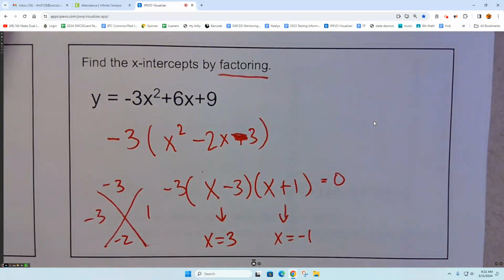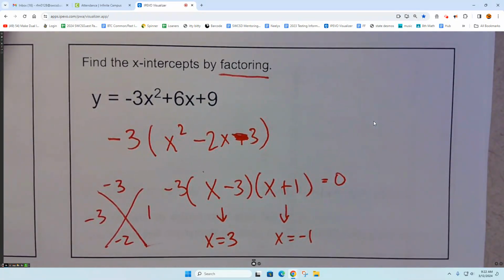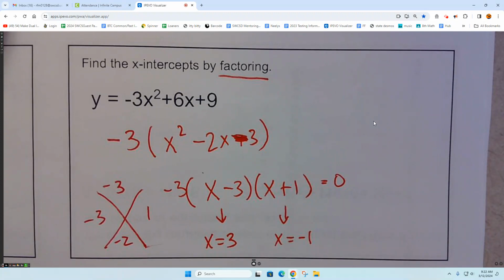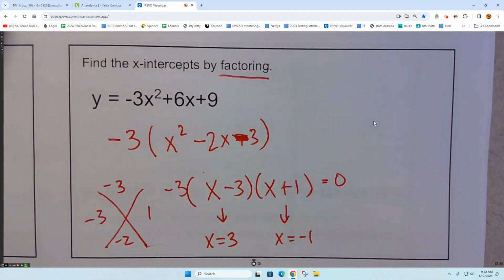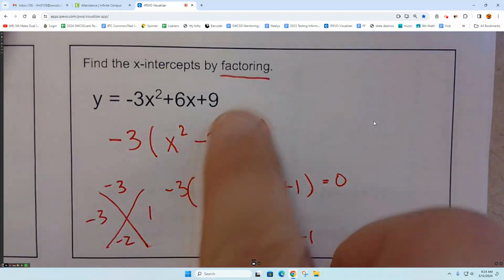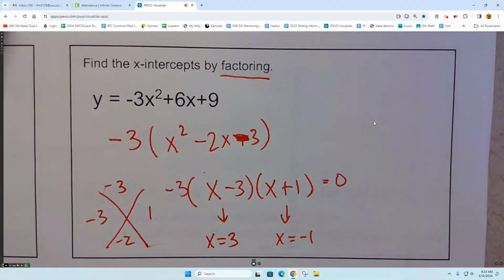How many solutions should we be looking for? 2. I know a lot of you like to jump on Desmos and then graph this and check. I highly recommend it, but you have to show this work. On the test, if you get the right answers, but all this work is wrong, because you don't know how to do this and you just write random stuff down, you'll get 0 points.